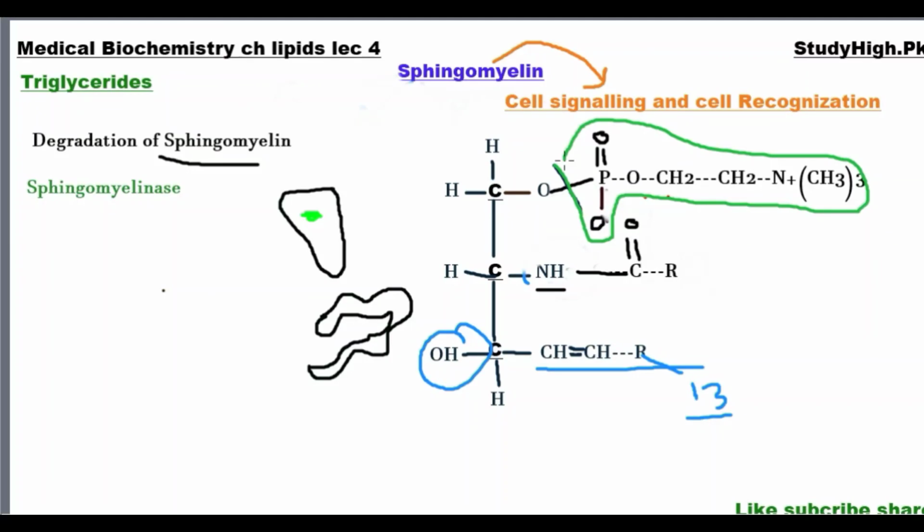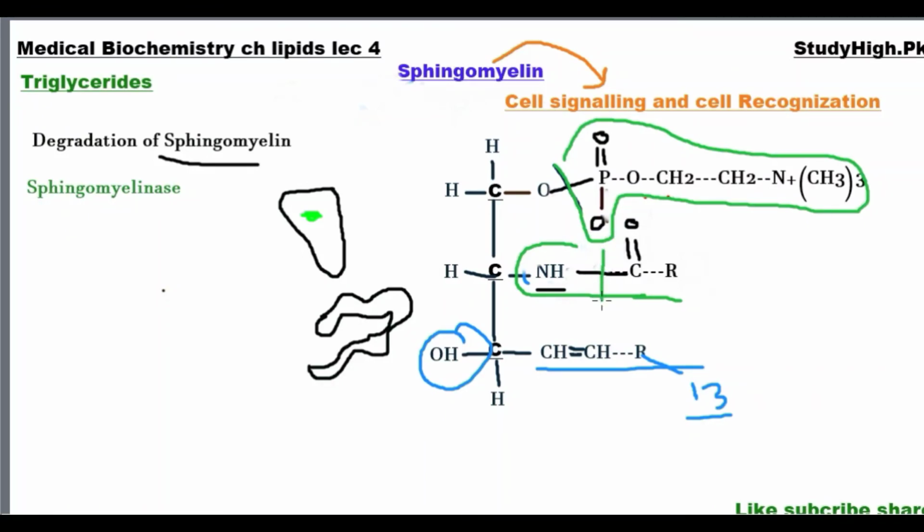The second type involved in the breakdown of sphingomyelin, as sphingomyelin consists of three components: one is phosphocholine, and second is the fatty acid that connects at carbon 2 through an amide linkage. So the second enzyme involved in the breakdown of sphingomyelin is the ceramidase enzyme. As you know, the reaction of sphingosine with fatty acid forms ceramide, and the ceramidase enzyme causes the breakdown of this bond.